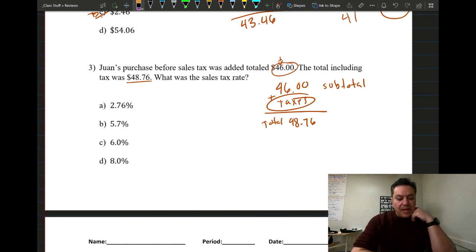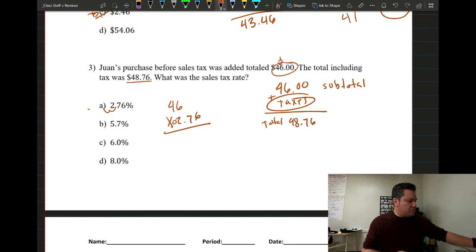Now, it did not go up too much, so I'm thinking it's going to be A. So if I work it backwards, I'm going to multiply 46 times 0.0276. You get $1.27. So if you add that to the 46, it's not going to give you the 48.76. So you've got to work the next one.